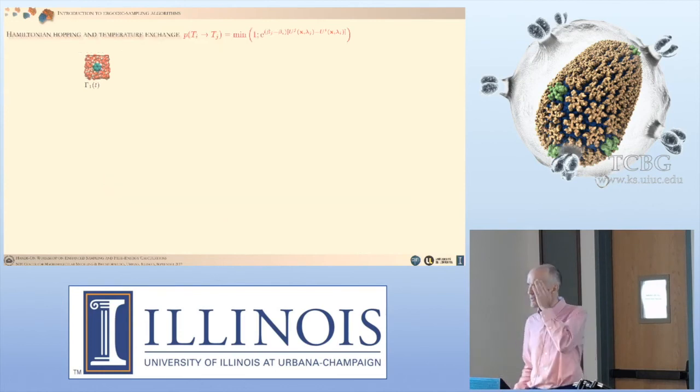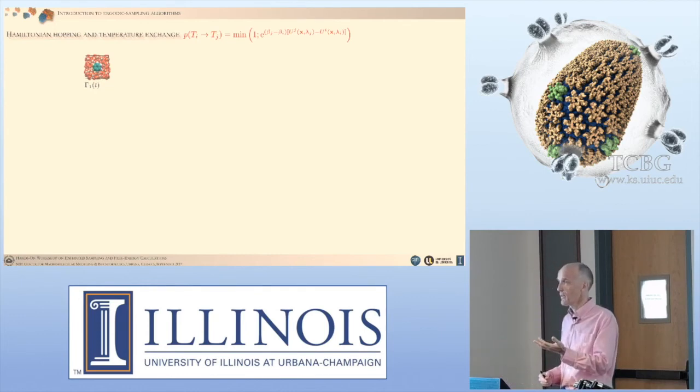Now, if you remember what I was saying on the first day about entropy calculation, one way to access entropy is to use these finite differences. I was mentioning the work of Ron Levy. So basically, we calculate the derivative of the free energy with respect to the temperature using finite differences, just small temperature increments.